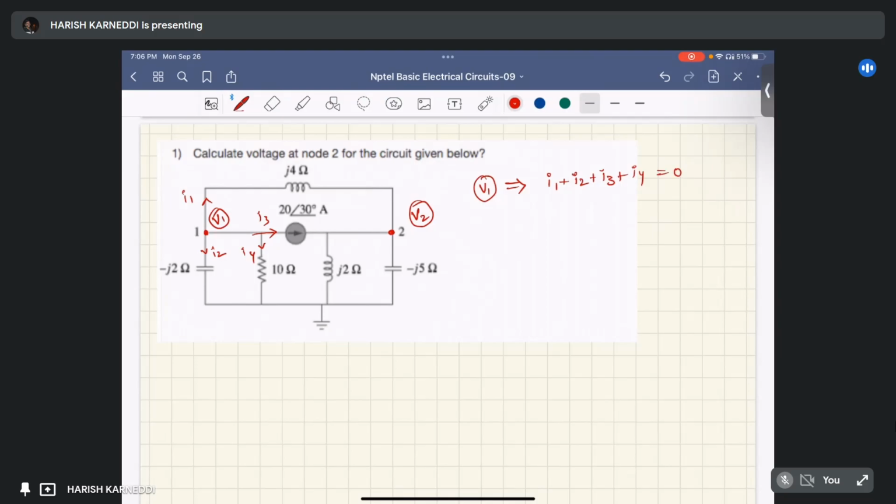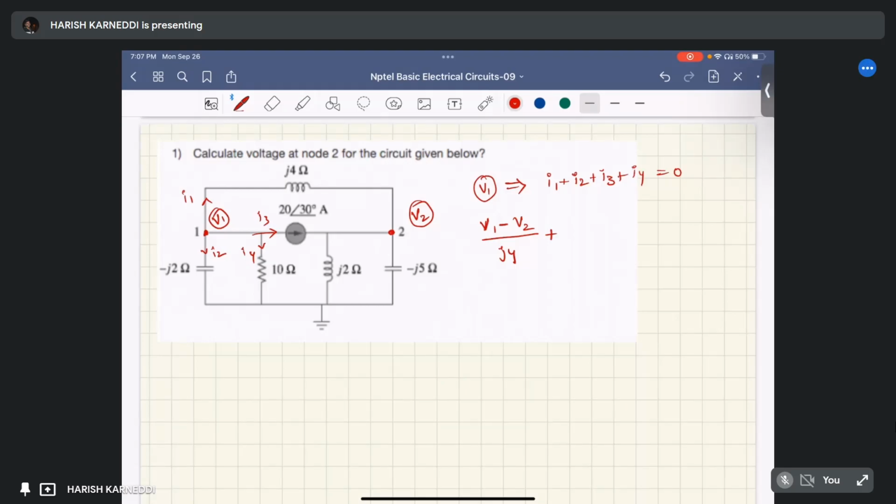What is I1 here? I1 is the current through this j4 ohm inductor, which can be written as the potential difference across the inductor, V1 minus V2, divided by the impedance of the inductor, j4 ohm, plus I2.